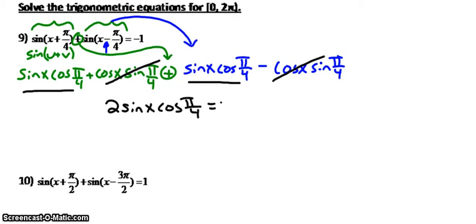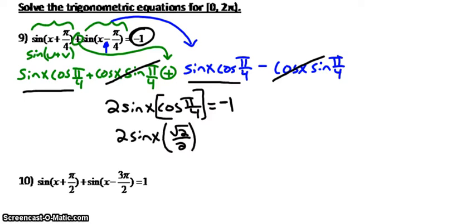Now that, recall, is set equal to -1. So we have a -1 value on the right side. I'm going to change this cosine pi over 4 to its true value, which is radical 2 over 2. That's a 45 degree for a cosine. So what I have is 2 sine x times radical 2 over 2 equals -1. Hopefully you'll agree that you'll see a 2 canceling with the denominator of 2.